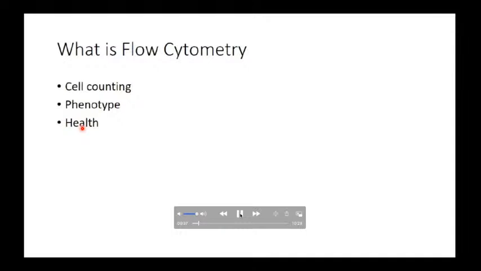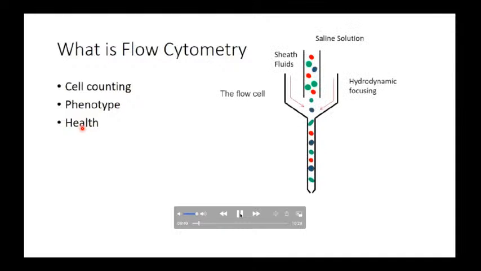How does it work in general? First, in a flow cytometer, I have something called the flow cell. In the flow cell, we add our cell mixture. Then I have the sheath fluids, which apply something called hydrodynamic focusing. The hydrodynamic focusing of the sheath fluids sends the cells one by one through the flow cytometer tube.